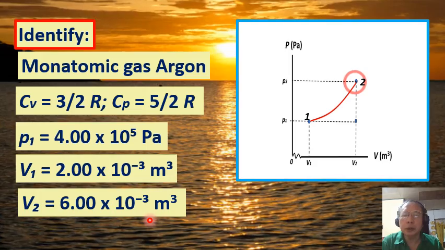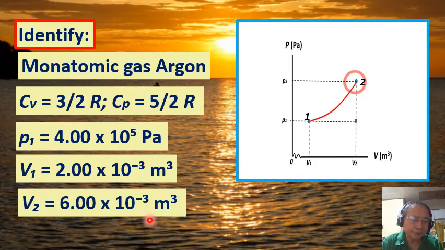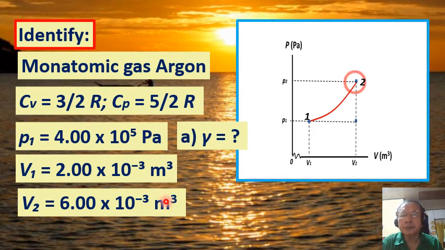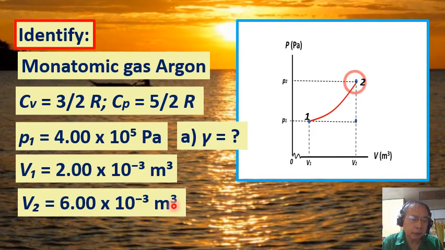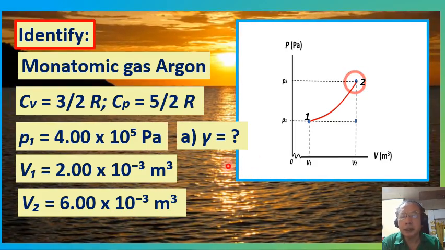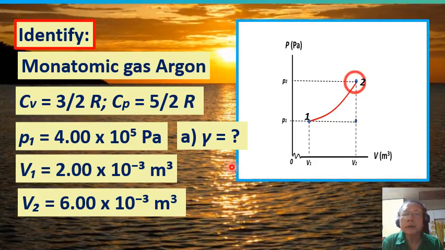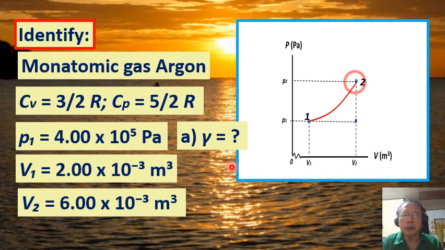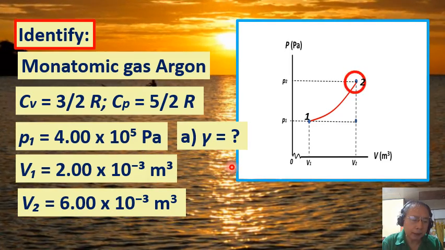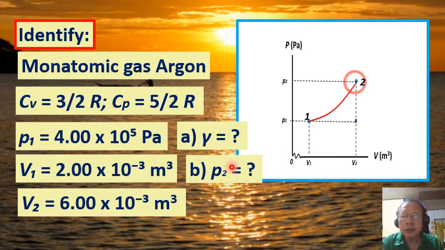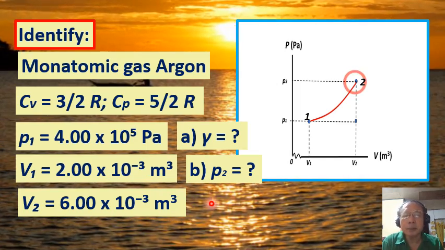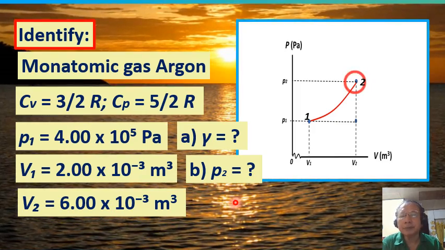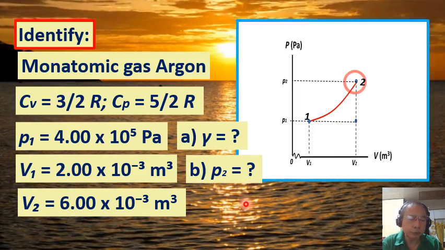All right. So for part A, we are asked to find gamma. Gamma here is the ratio of capital C sub P to capital C sub V. And in part B, we're also asked to calculate the final pressure of the gas when it expands, denoted here by P sub 2.